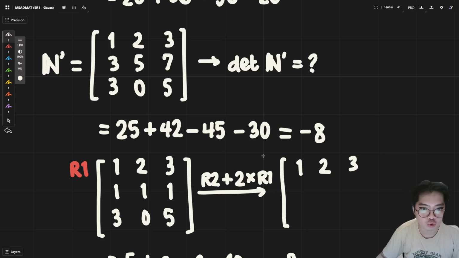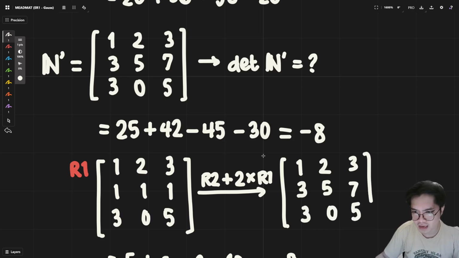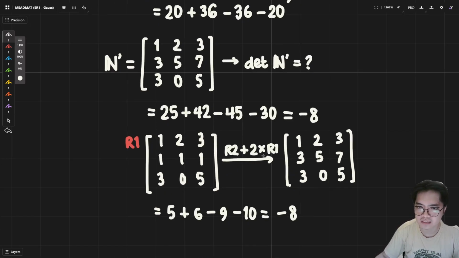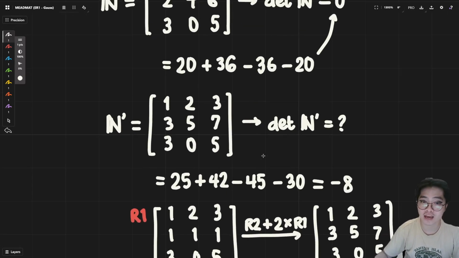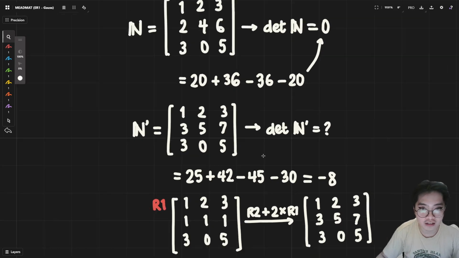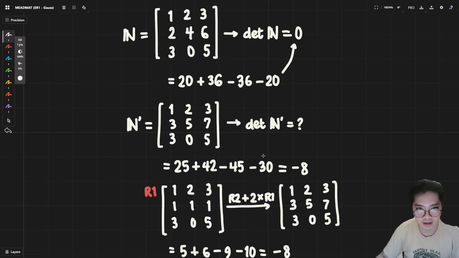1 plus 2 times 1 is, well, 3. 1 plus 2 times 2 is 5. 1 plus 3 times 2 is 7. We arrive at the same thing, but we still get the same determinant. And so now, I invite you, if you want to make this computation for the determinant a little easier, what you can do are what we call row operations.